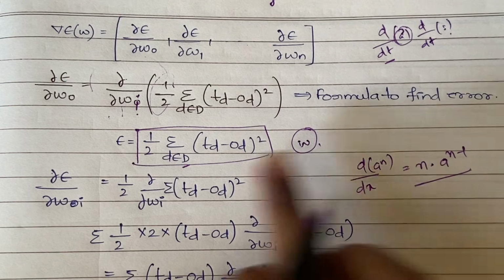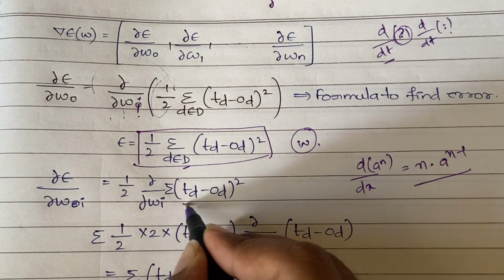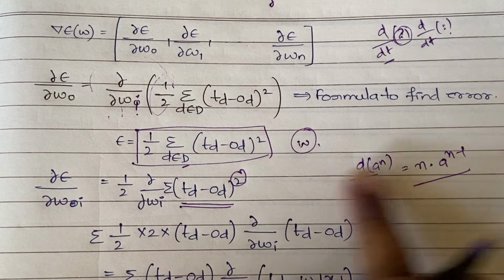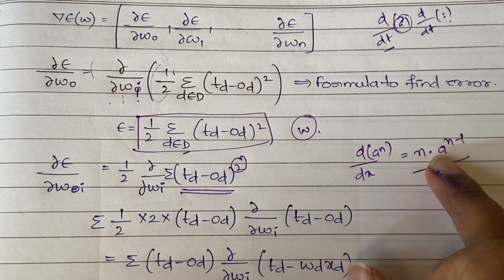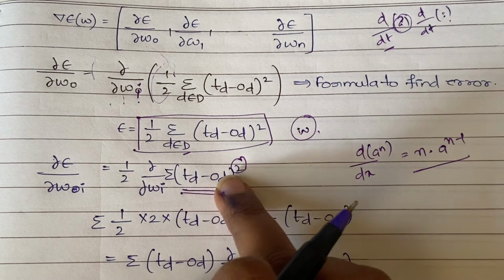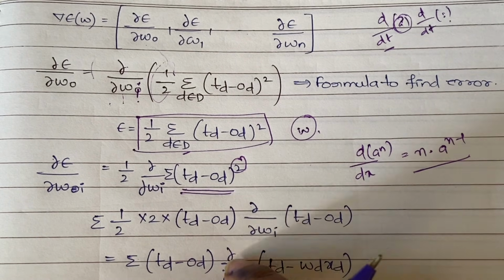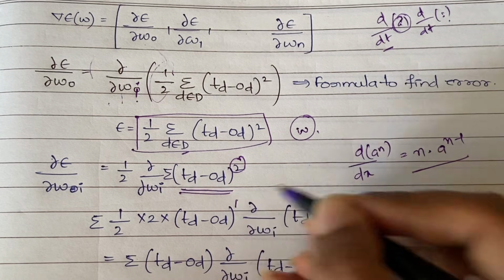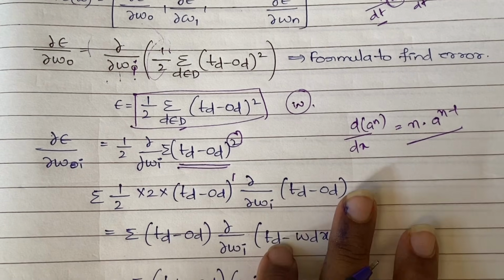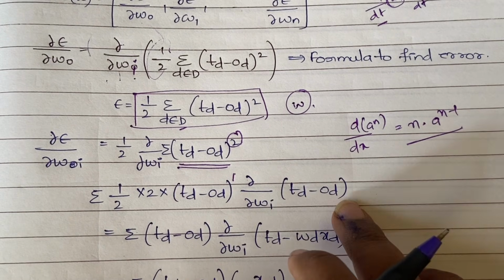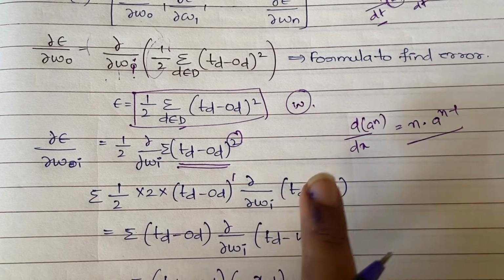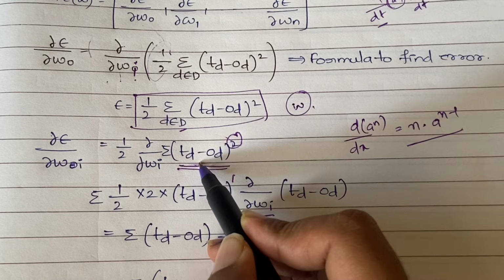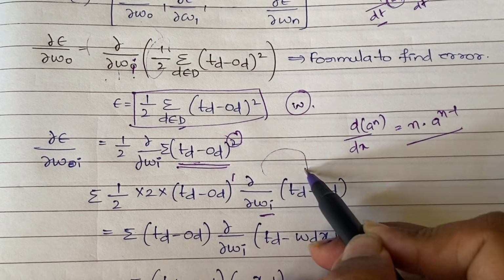If you assume this as a, and this 2 becomes n, then n into, that is 2 into, what is a here? td minus od, whole power n minus 1, which is 2 minus 1, which is 1. So simply we have taken td minus od, and d by dW of (td minus od) we are doing. Why? Because we have to differentiate with respect to W, but it doesn't have any W term in it, so that is why we need to differentiate it again separately.